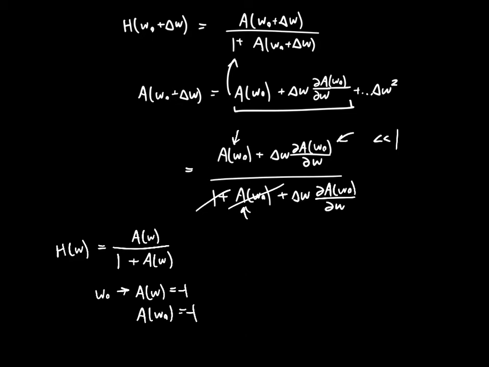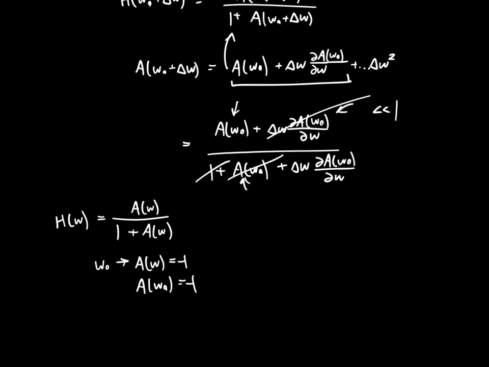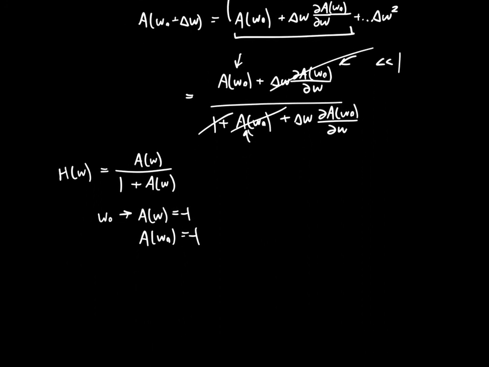And that generally is true, because our omega naught might be extremely large, in the gigahertz, and delta omega might be as small as kilohertz or megahertz, and the derivative need not be large, so we can neglect this too. The only thing that we're left with on the top is negative 1 divided by delta omega times the derivative of A with respect to omega at the frequency omega naught.